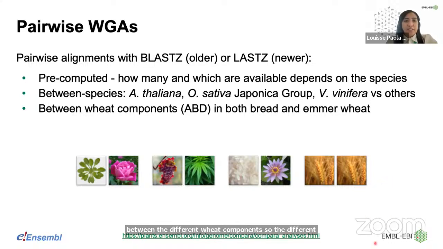If you want to find out if your genome of interest has these alignments available, there is a link at the bottom of my slide, and that brings you to the documentation page with a list of all of the different pairwise whole genome alignments we have.